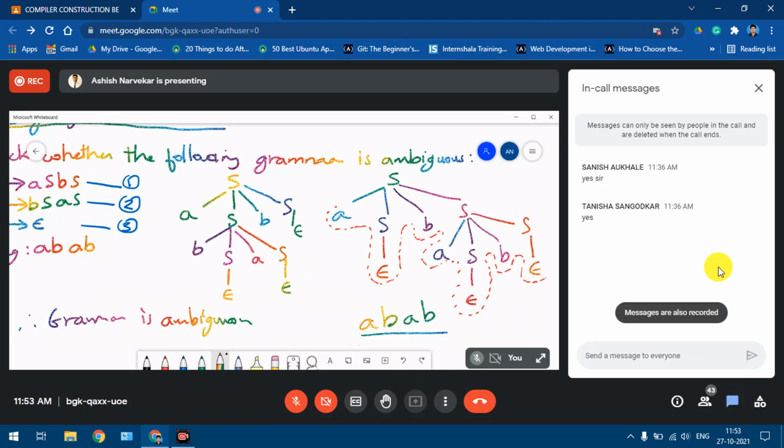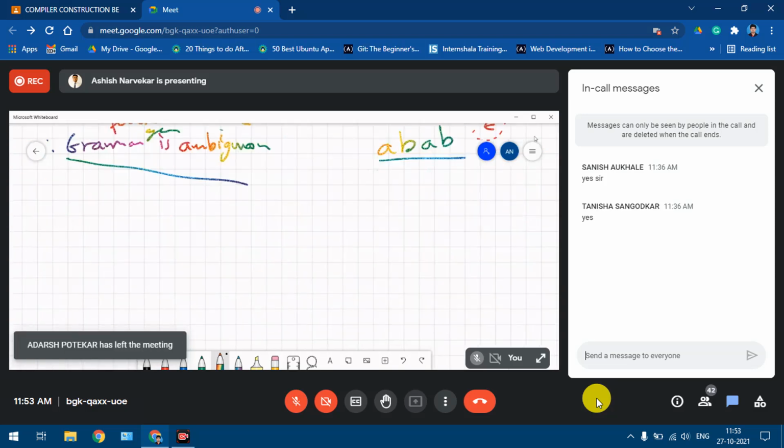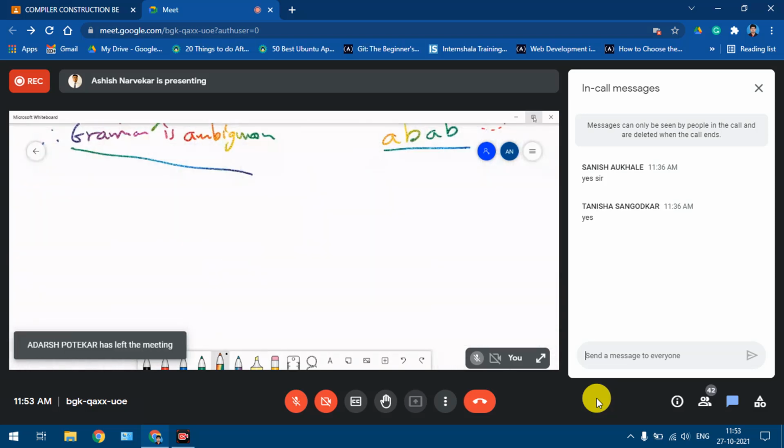Now here we have to write that since two different parse trees are generated for the given string, the grammar is ambiguous. Okay, is it clear? Is this particular concept clear, whatever we are discussing right now?